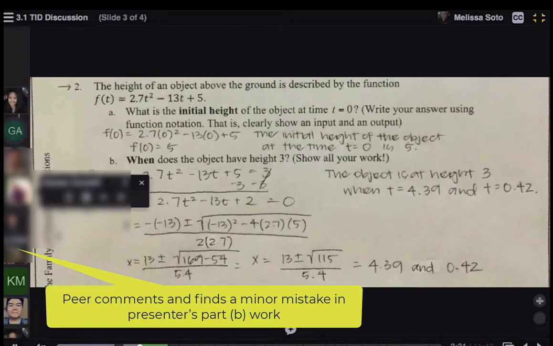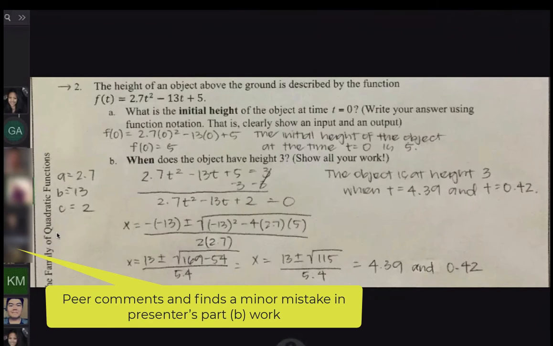Hi, Kristia. Really good job on number 2. For number 2A, I got exactly the same answer, exactly the same steps and everything. For part B, I noticed that you initially did this math here where you subtracted the 3 on this side and got 2 for your C. But then when you inputted it into this equation here, you have this 5 still.